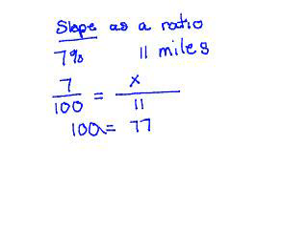Oh, but I forgot my x when I cross multiplied. And then divide by 100, so 0.77. So we're going about 0.8 of a mile in height as we're going 11 miles forward. Okay, so there we're looking at slope as a ratio.